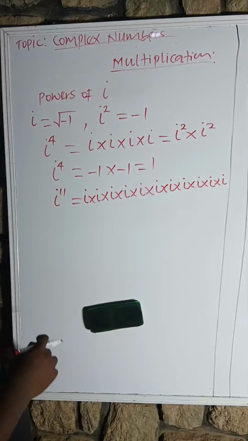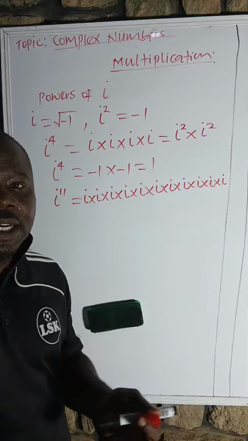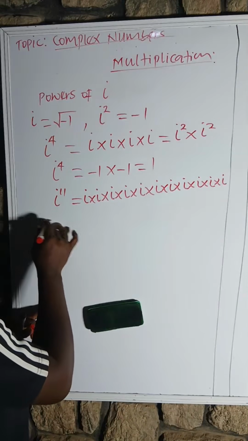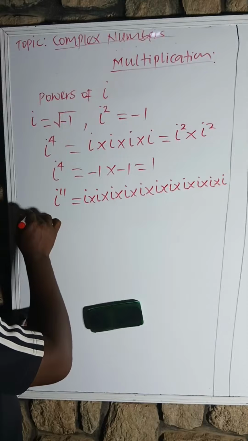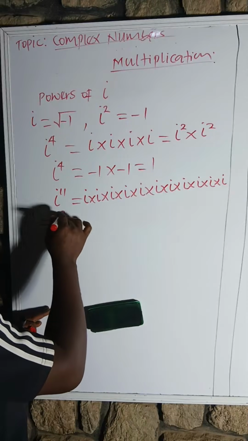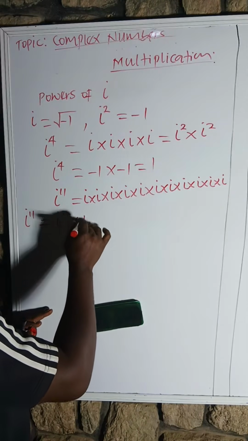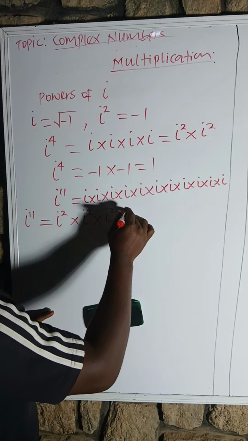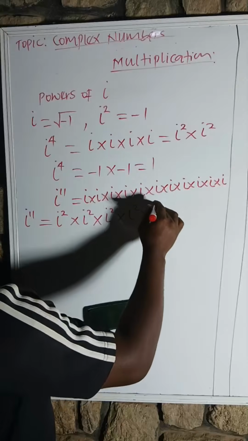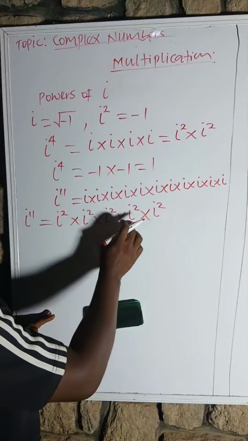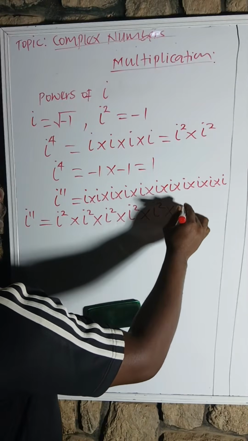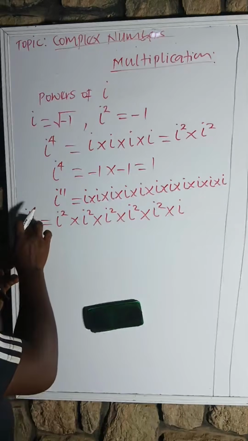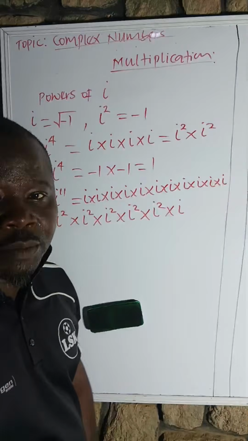But to make it simpler, easier, I said we can rewrite this: i raised to power 11 is the same thing as i raised to power 2 times i raised to power 2, five times, times i, will give us i raised to power 11. Do you agree with me?